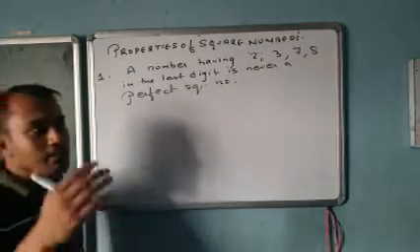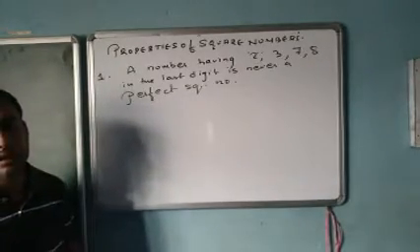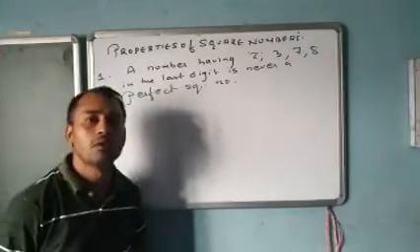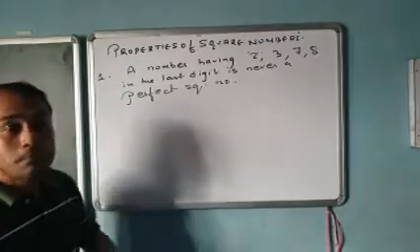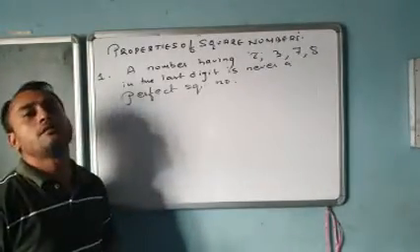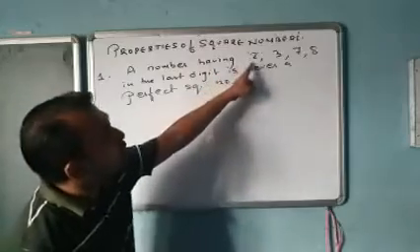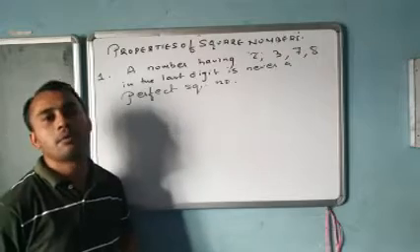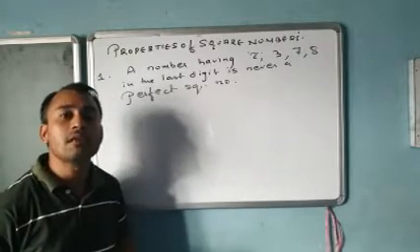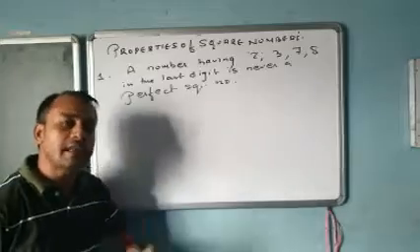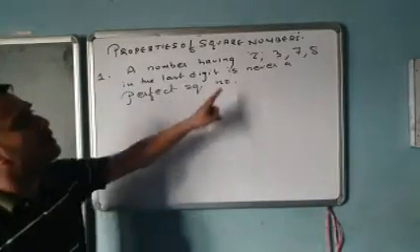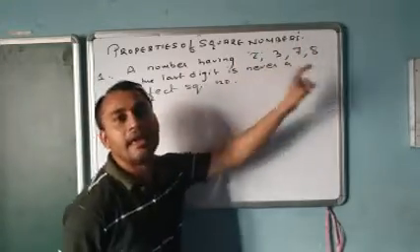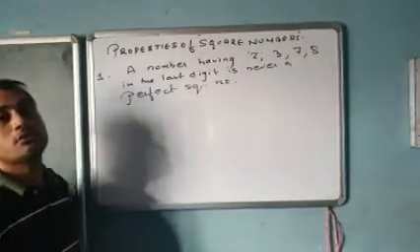So if you consider any perfect square number, it will have a digit like 0, 1, 4, 5, 6, 9. But if any number has 2, 3, 7 or 8 in the last digit, then it will never be a perfect square number. Which means the square of any number will never have the last digit 2, 3, 7, 8. So this is your property number 2.